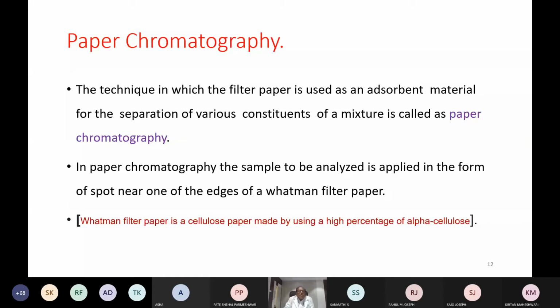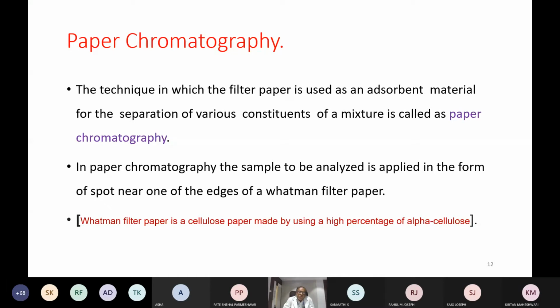So it is the one technique in which filter paper is used. It is not an ordinary filter paper like what we use in the laboratory. It is a separate paper called Whatman filter paper, which is a cellulose paper and a very ideal filter paper to be used.